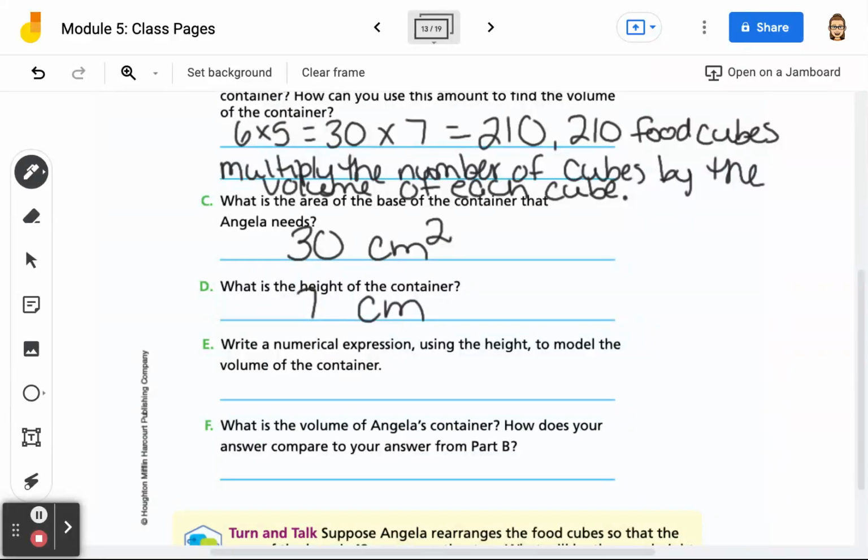So this is write a numerical expression using the height to model the volume of the container. Well, we already kind of did this up top, but we would do 7 times 30. And we get 210 centimeters cubed. And it is the same as our answer from part B.